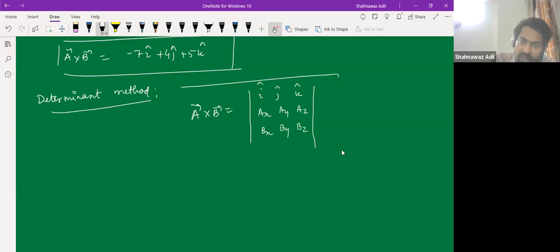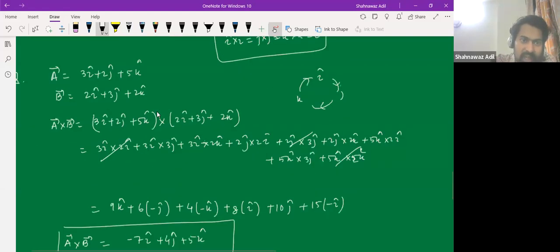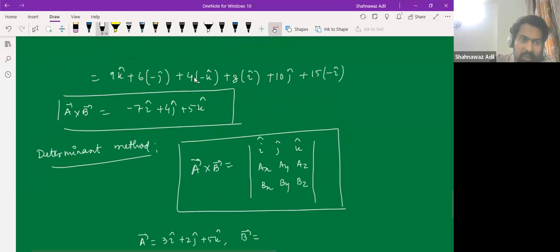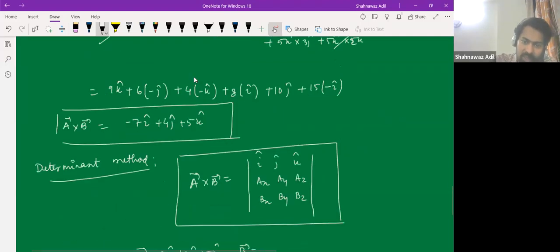So this is A cross B. Now using this idea, A was 3i plus 2j plus 5k, and B was 2i plus 3j plus 2k.